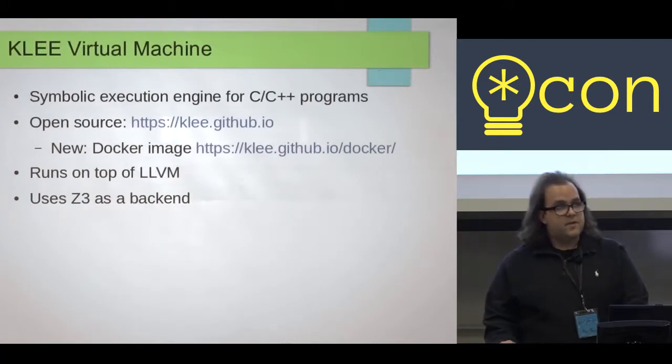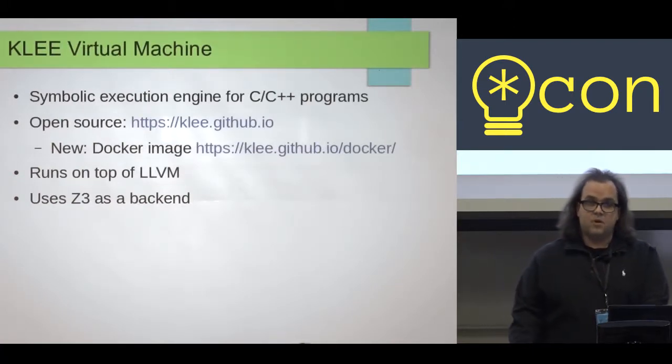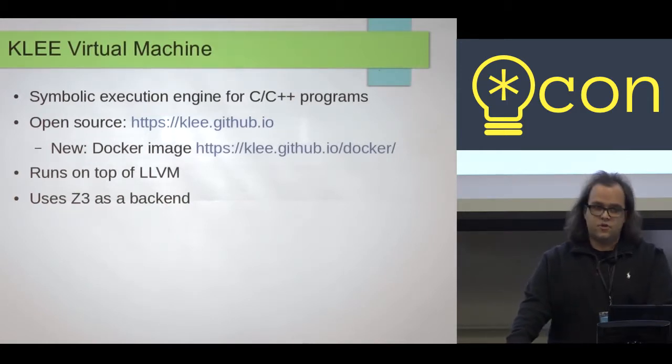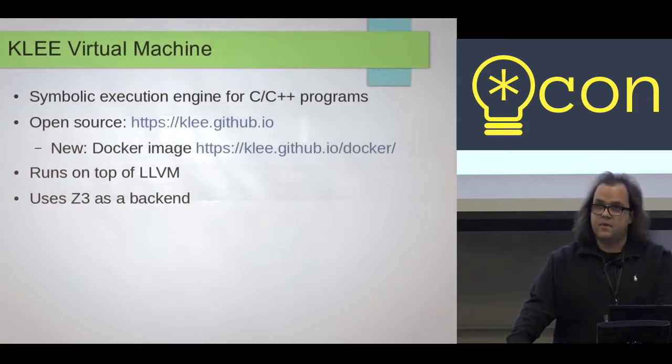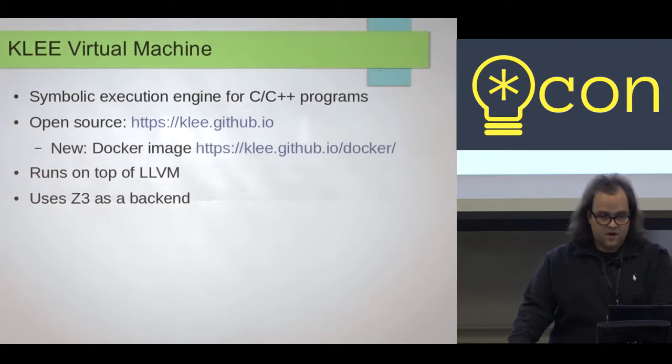And so there's a program that can do this for us, and it's called the KLEE virtual machine. KLEE is a symbolic execution engine for C and C++ programs. It's an open source tool. You can download it at their website, klee.github.io. There's also a Docker image, which I haven't used myself, but it sounds really good because it means you don't have to compile KLEE, and I've heard that's a bit of a pain.